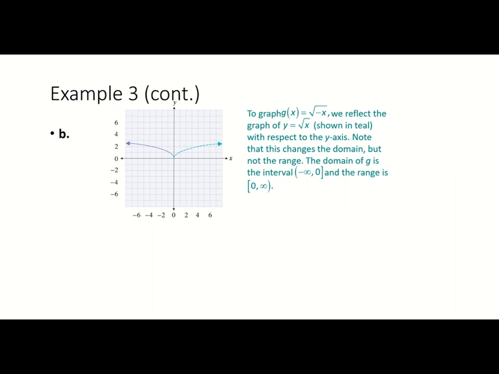The original graph was y equals the square root of x, which is right here. And the reflection is over that y-axis. Here's your line of reflection. If I were to fold it on the y-axis, the two sides will be mirror images of each other. And again, we'll look at more examples to help you with this. It's a little hard in the beginning, but you'll get used to it, I promise.